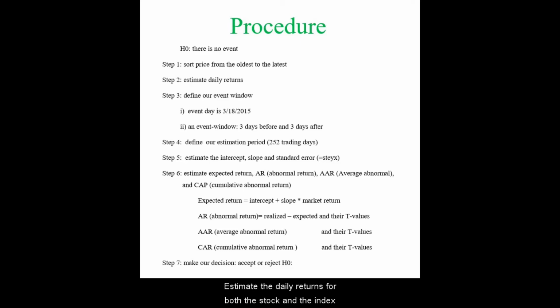Estimate daily return for both stocks and for the index. Step 3. Define our event day and event window. We know event day is March 18, 2015. For event window, we can suppose it's 3 days before and 3 days after. So 3 plus 1 plus 3 equals 7.